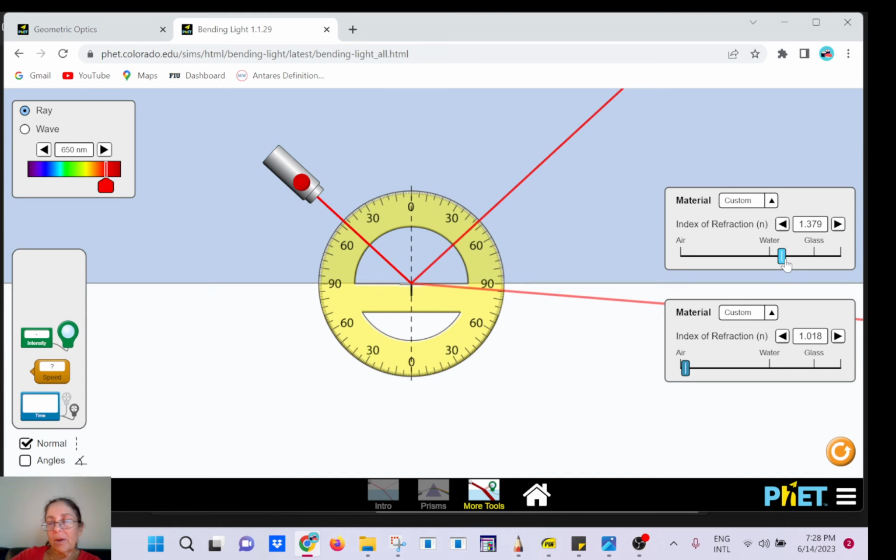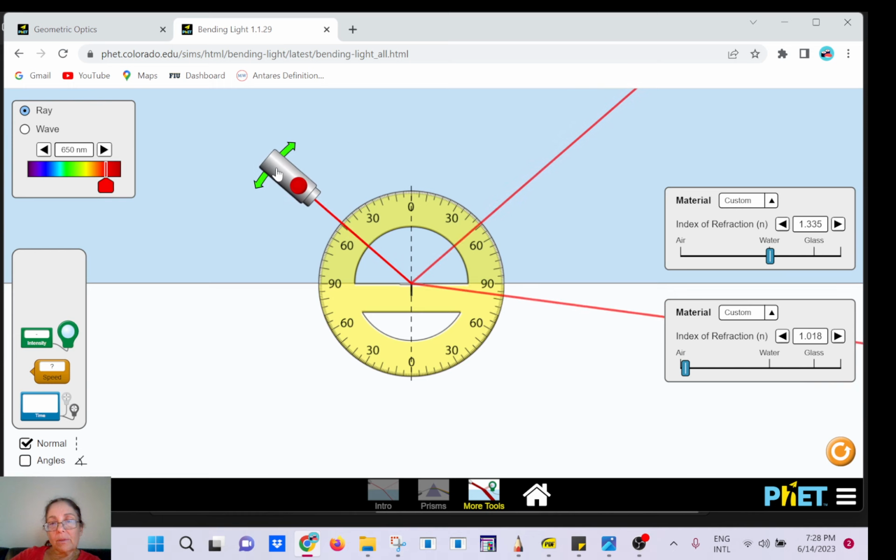So if you have water, for example, the critical angle is going to be about 48 degrees. That's going to be the critical angle, and anything beyond that is going to be totally reflected. So it's a total reflection.